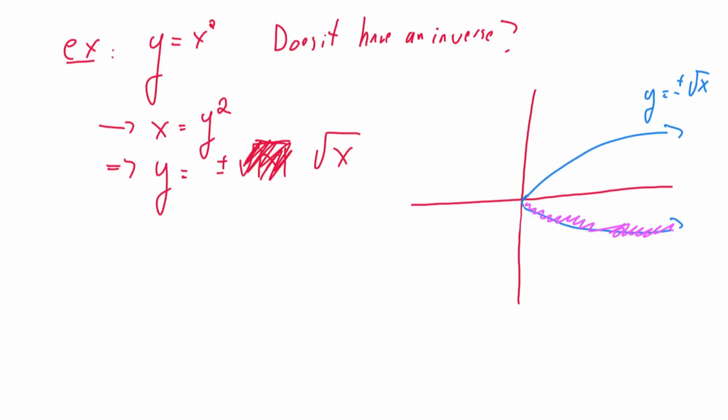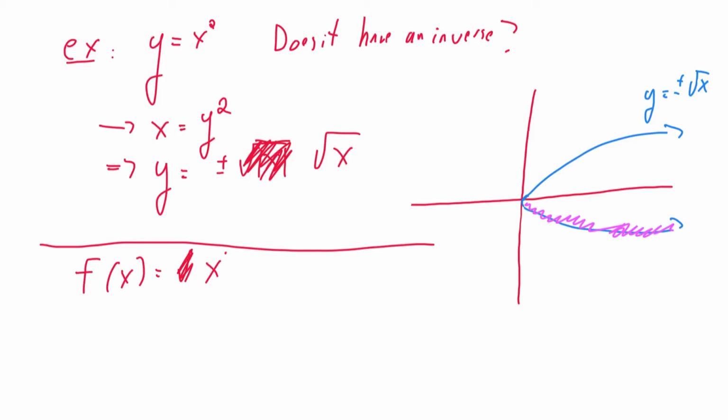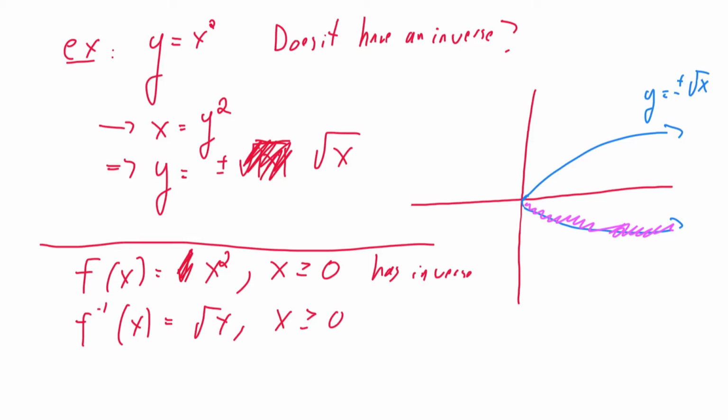Okay? So in this case, we would say f of x equals x squared for x greater than or equal to 0 has inverse f inverse of x equals square root of x, also defined for x greater than or equal to 0.